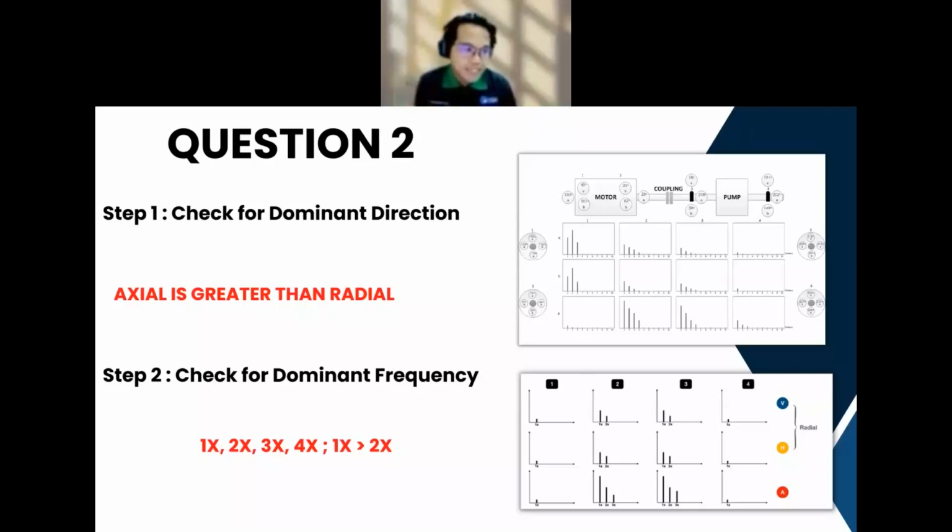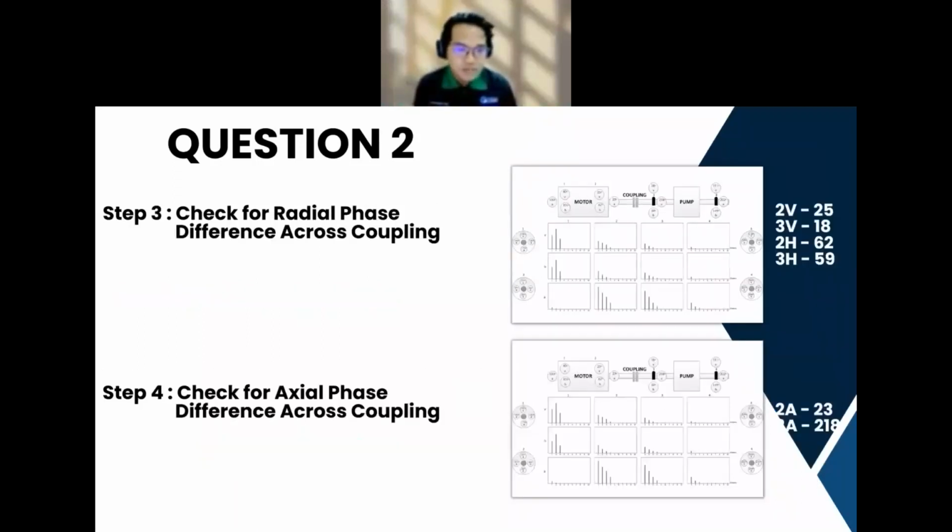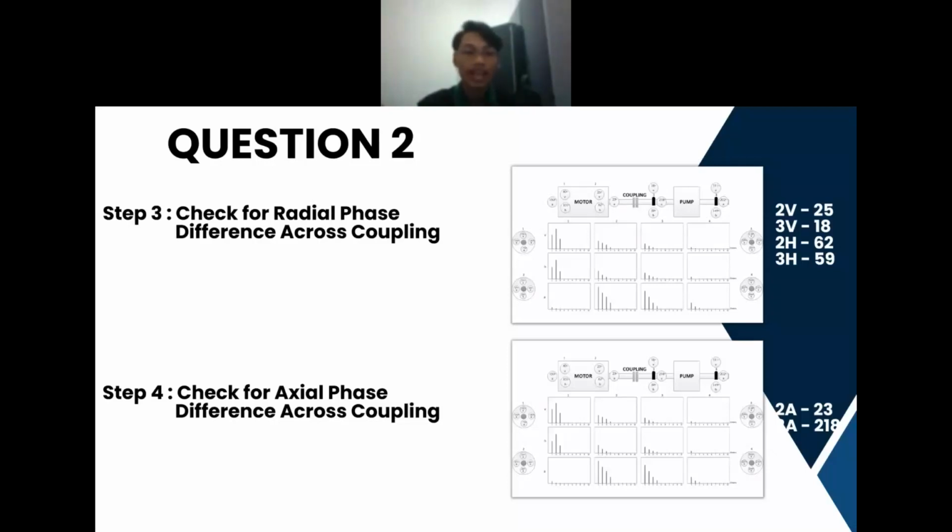So we go to the next step. We check the radial phase difference across the coupling. Step 3 for question 2 is pretty much the same as step 3 in question 1, where we calculate the radial phase difference between 2V and 3V, which gives a value of 7. How about the others?